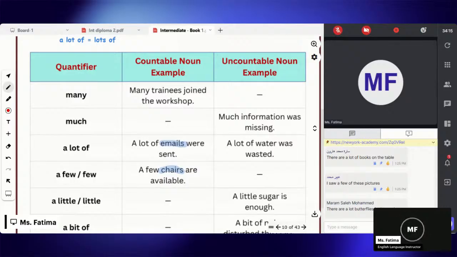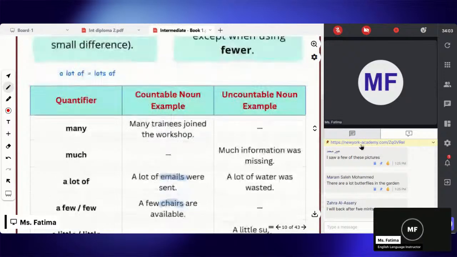We say lots of, a lot of, a few, a little. Okay, excellent, good job.